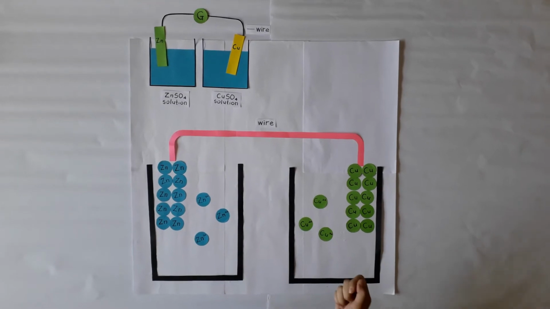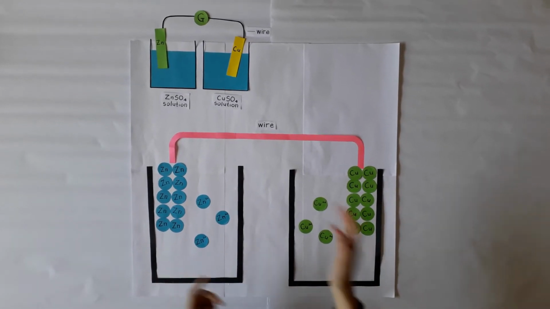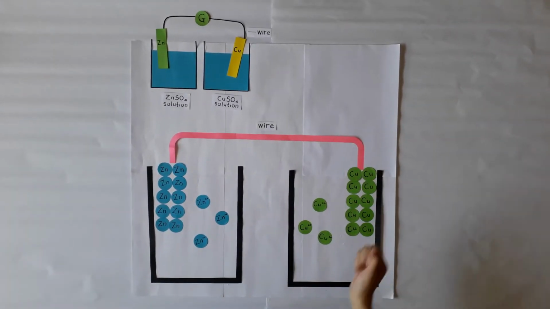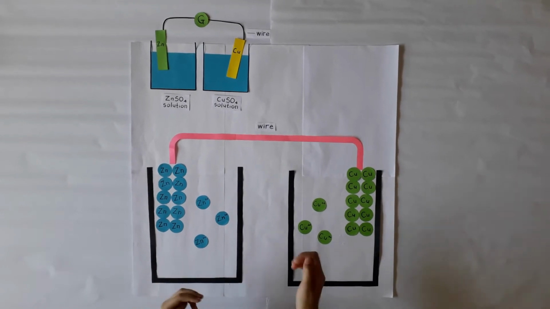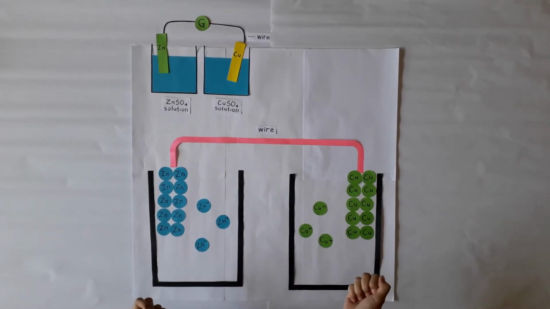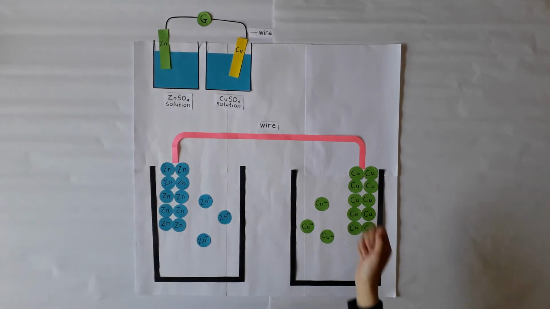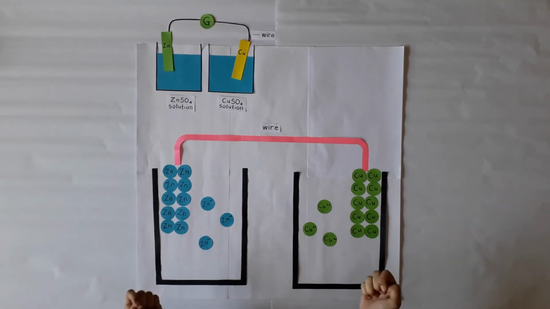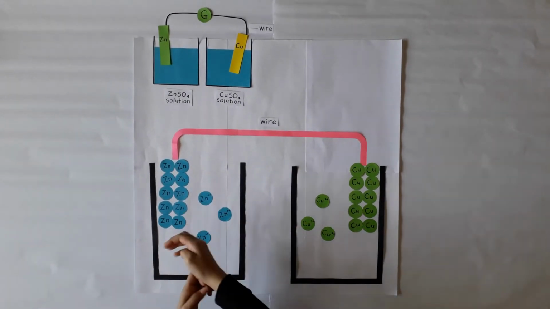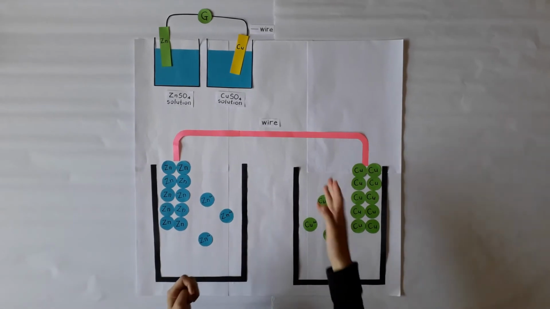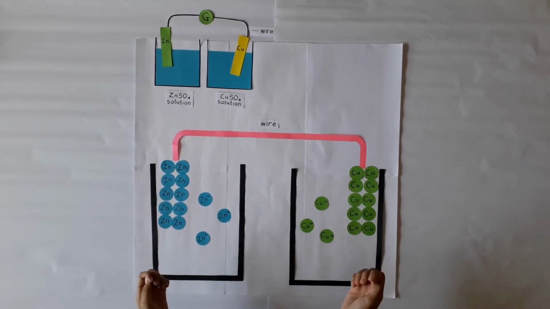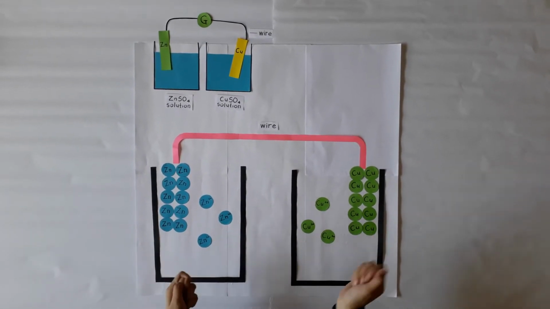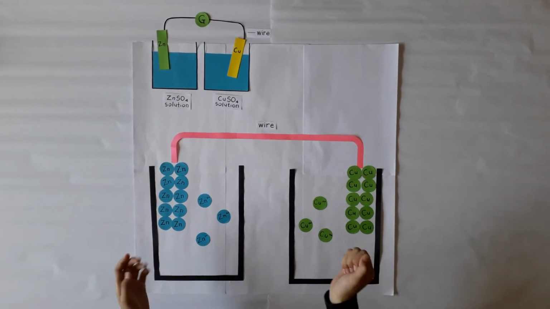Okay, so we have a wire that connects the zinc and the copper, and we have said that when we hook everything together, electrons start flowing through this wire. Why is that? Well, when we connect these 2 pieces of metal with wire, it starts a tug of war between the zinc and the copper. They're having a tug of war for the electrons.